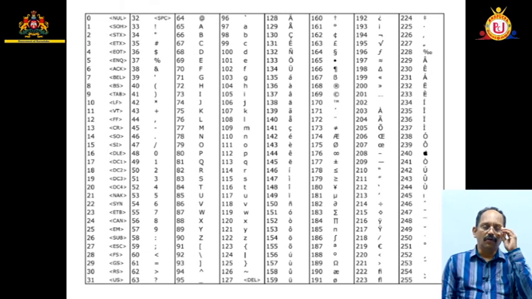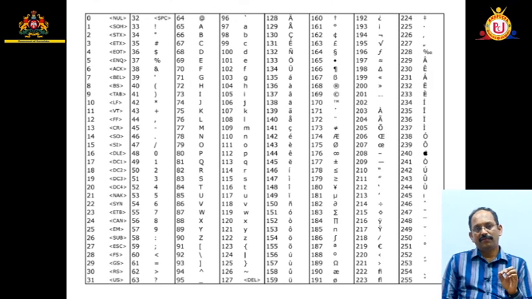Now, let us see what are the ASCII codes for the familiar characters from this chart. Look at the second column. The first value is 32, that is not a serial number, it is an ASCII code. The value 32 is the ASCII code that represents the space bar, a space character.